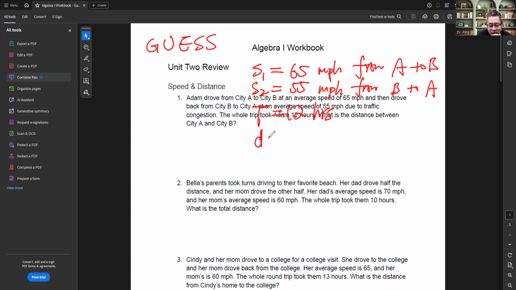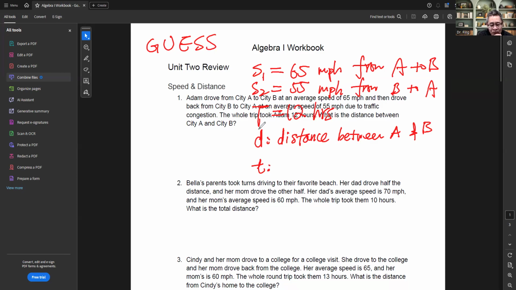So that's distance. So basically, when we are doing this, we are setting up our variables between A and B. So therefore, now we're going to set up a variable because we don't know.